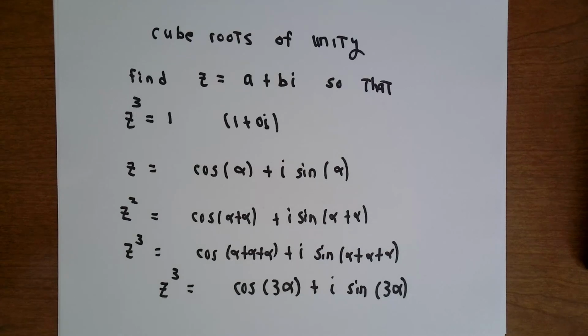It's worth mentioning that if either one of those two numbers, cosine 3 alpha or sine of 3 alpha, is 1 or negative 1, the other one has to be 0 automatically because of ordinary trig identities. So if I want this to work out the way that I want it to work out, it's going to be necessary that cosine of 3 times alpha needs to be 1.